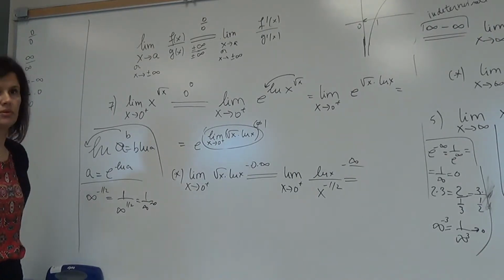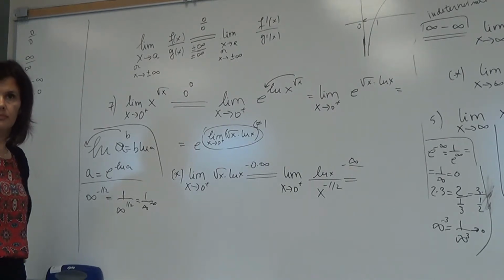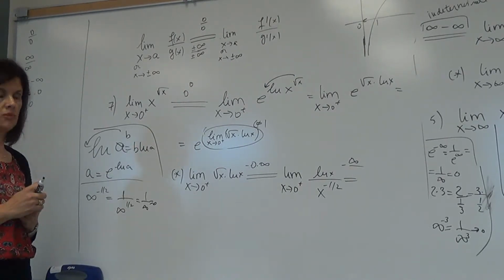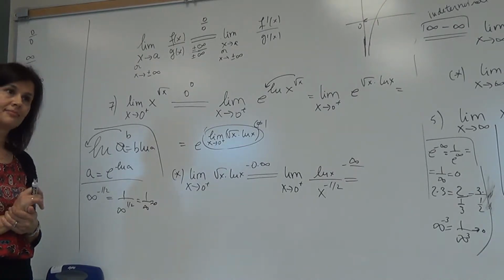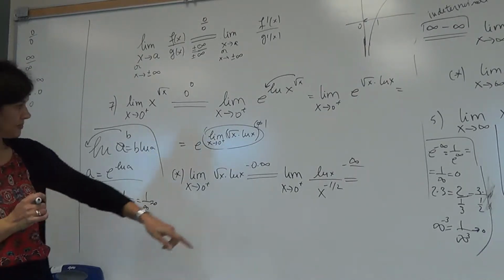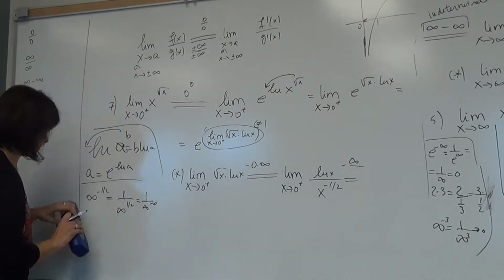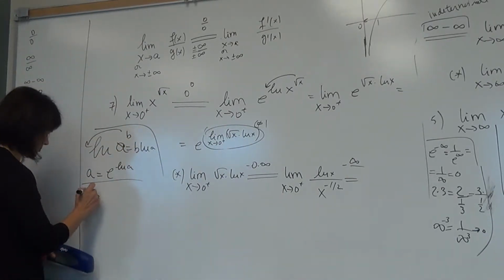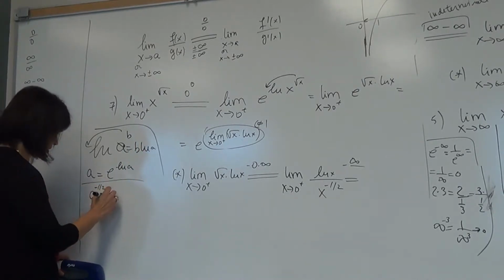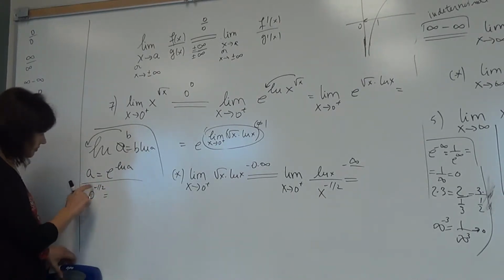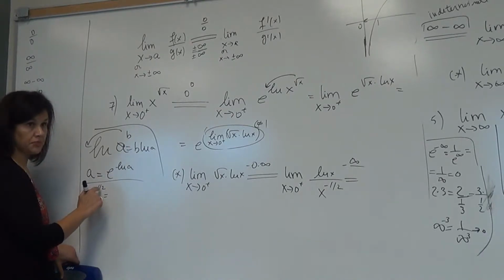Why did I take infinity to negative 1 over 2? Should be 0 to negative 1 over 2. 0 to any negative exponent... 0 only to the positive exponent will be 0.